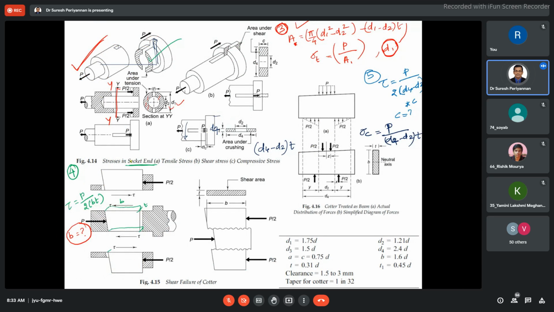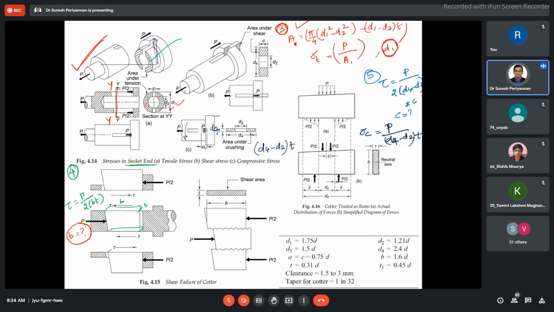Now, the last one is bending failure. How is bending failure possible? When the socket and spigot are tightly joined, the power is transmitted with this shearing force.